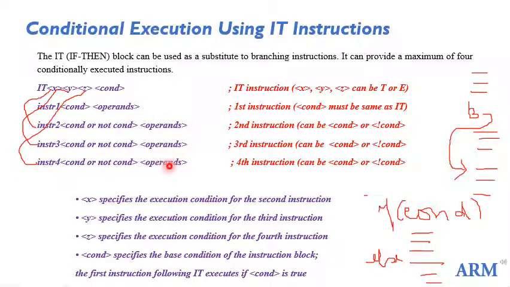As I have told, X specifies the execution condition for the second instruction, Y specifies the execution condition for the third instruction, and Z specifies the execution condition for the fourth instruction, and the first instruction following the IT executes if the condition is true. So this and this should be the same. This will be more clear when you look at an example.